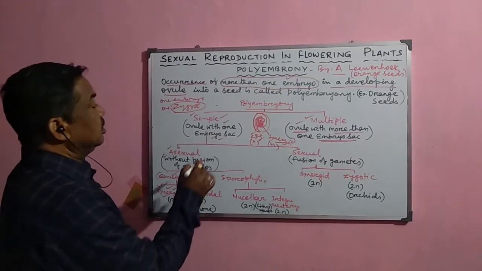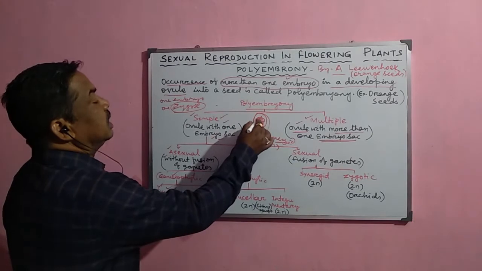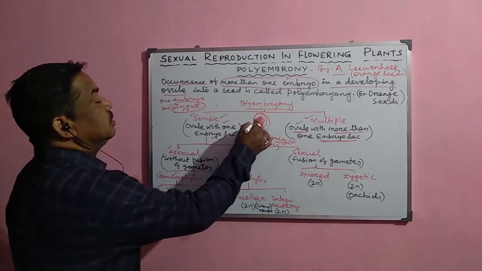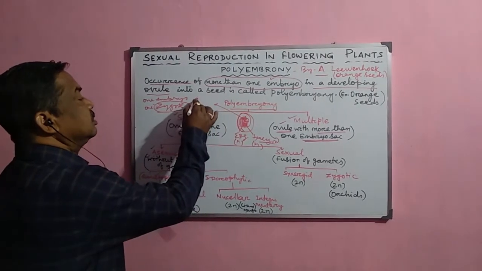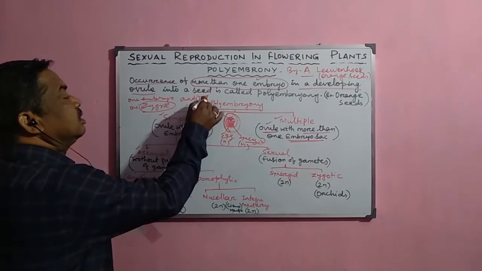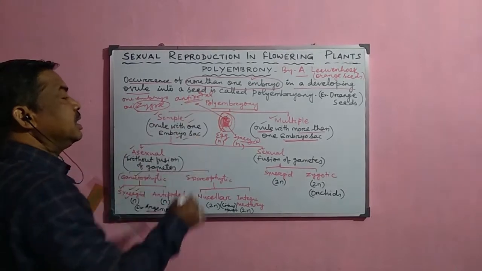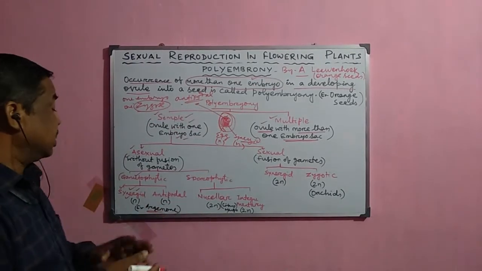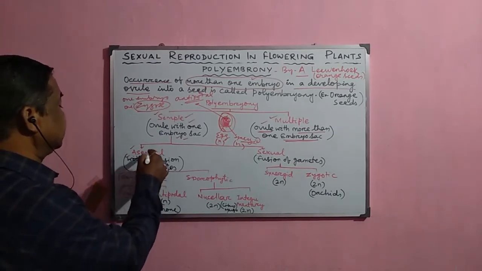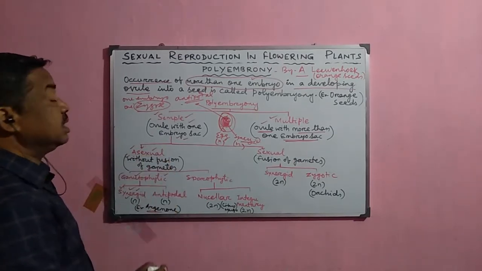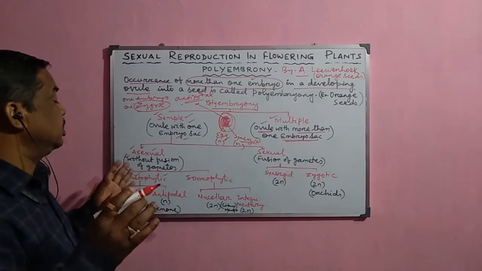And sometimes the antipodal cells, which are present at the opposite end from the egg cell, also develop into embryos. So these are the cases of asexual and gametophytic polyembryony.